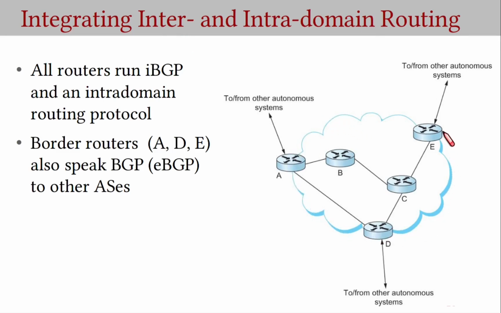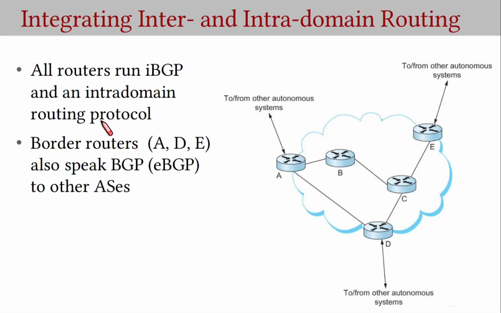This autonomous system has 5 routers as shown here. A, E, and D are border gateways, and then B and C are some interior routers. The interior routers run a protocol called iBGP, or I for interior BGP, in addition to one of the intra-domain routing protocols that we learned before.